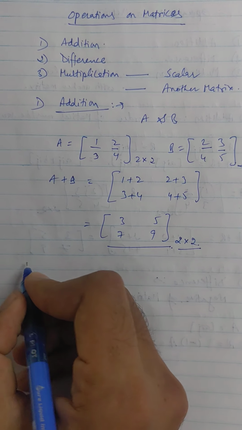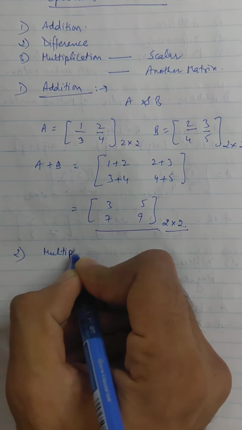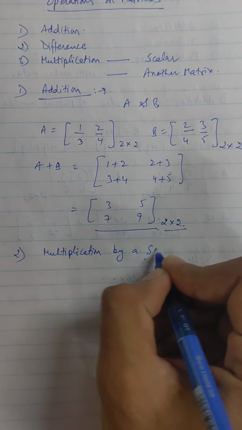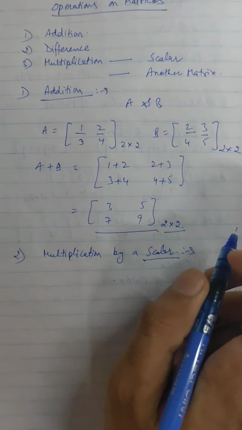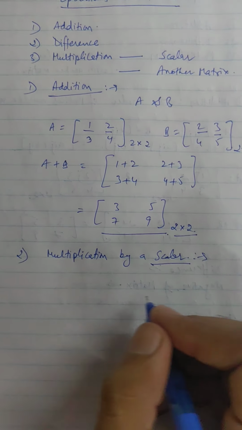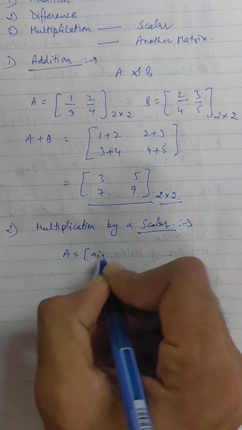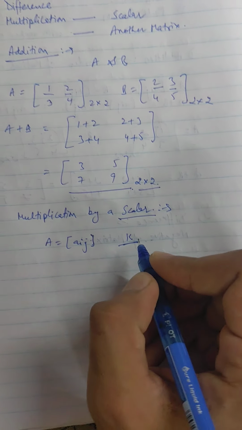Now next we will study about multiplication with a scalar. Okay, difference we will see later on because we will use scalar multiplication there. Okay, suppose there is a matrix A equals Aij and there is a scalar k.